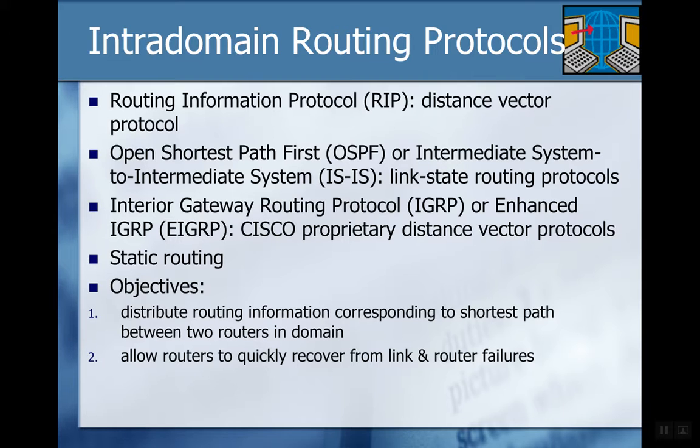What you want these routing protocols to do is distribute the routing information to find the shortest path between two routers in the domain, and also let routers recover if you have a link or a router failure.